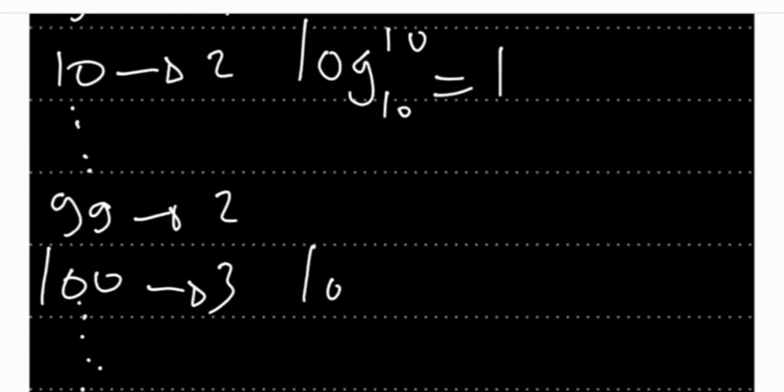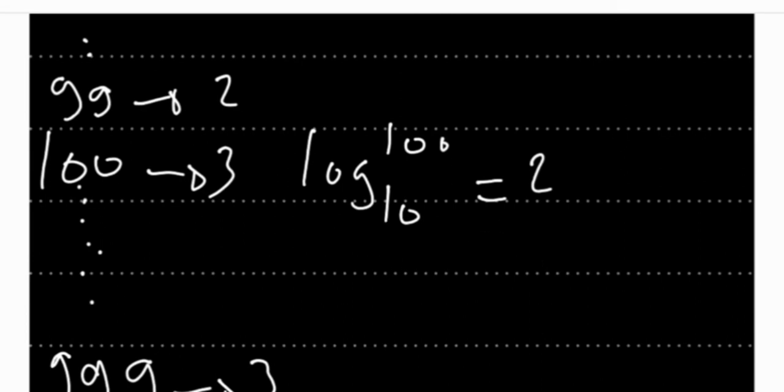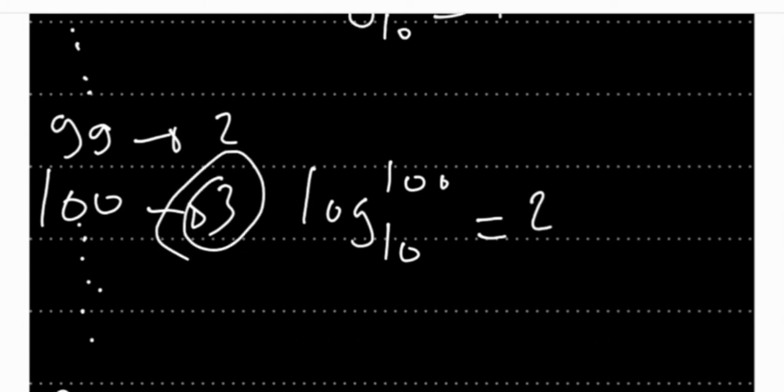Here, for 100, log of 100 in the base of 10 is equal to 2, right? Look, 10 to the 2 power is equal to 100, so this is equal to 2. But how many integers do we have? We have 3, so this is why we sum 1.